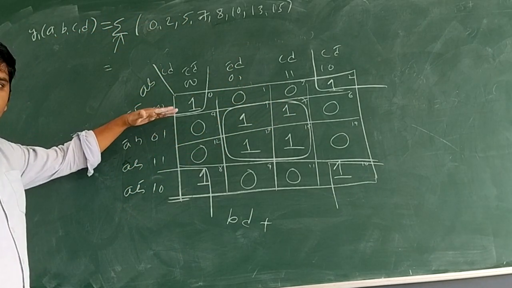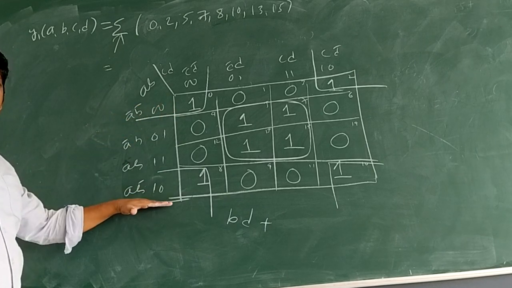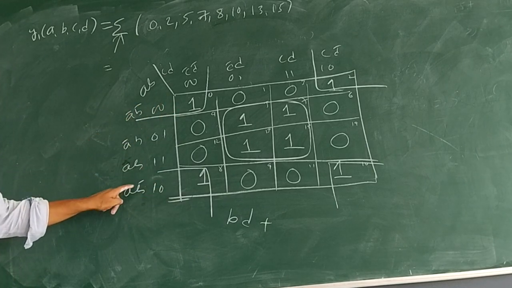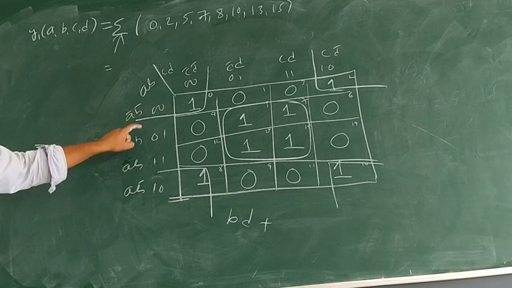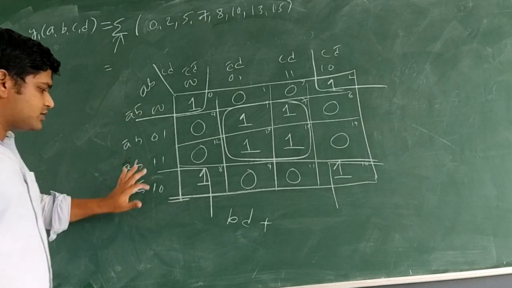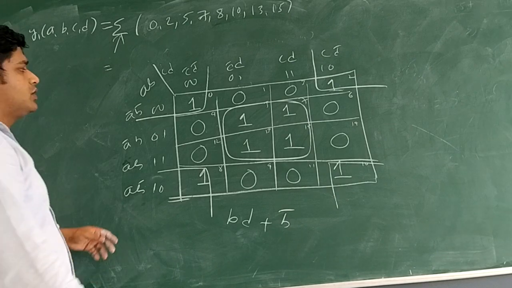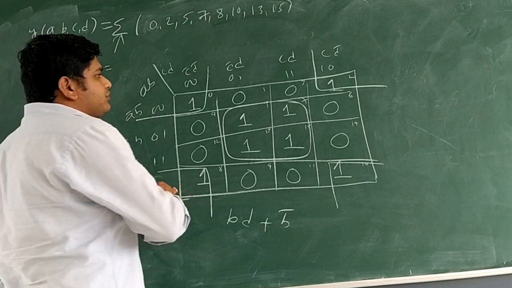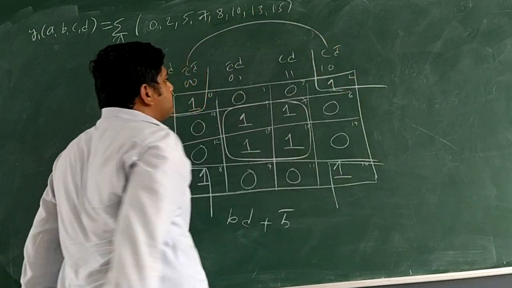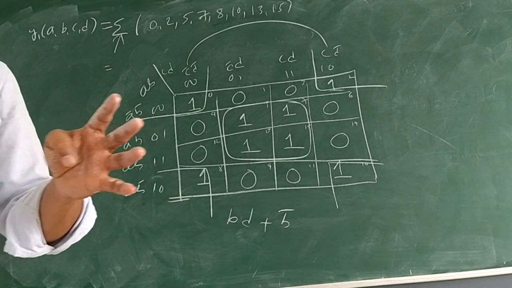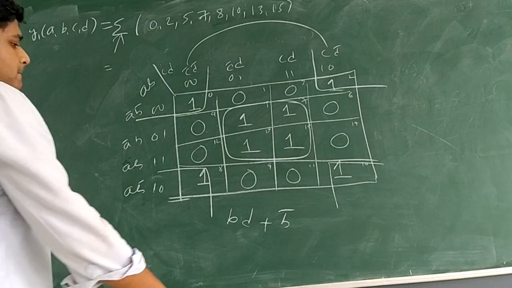So where are the rows and columns? First row, last row. A bar B bar, A B bar. What are we left with? A bar and A cancel. We are left with B bar. Okay. Next. That is with respect to rows. Between columns, C bar, B bar. Compare with C, D bar.